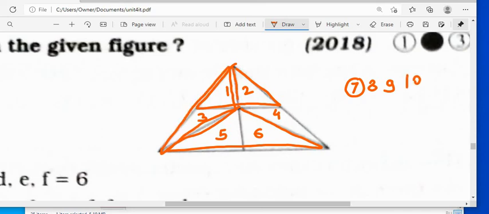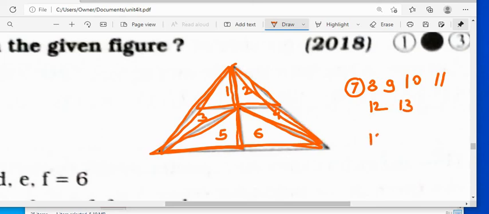Again this bigger triangle 1, 2 and 3. That is 11. Now see again this triangle. Yes, that is 12. और ये वाला 1, 2, 3. Therefore how many triangles are there? 13 triangles. Your answer is 13 triangles.